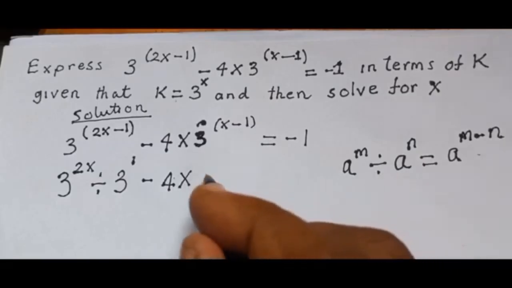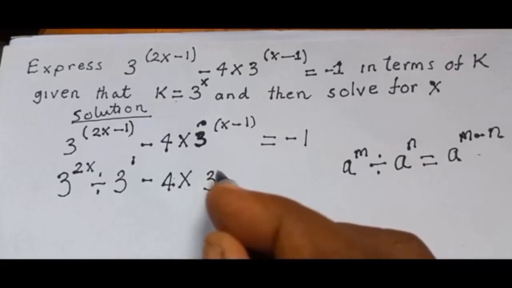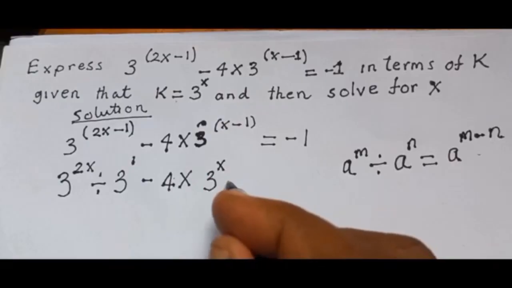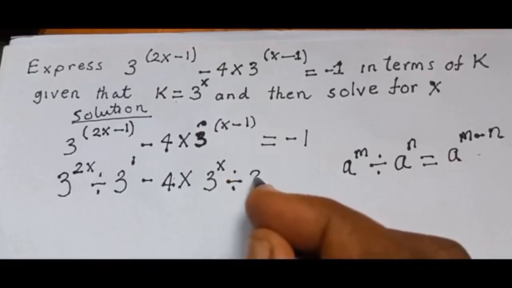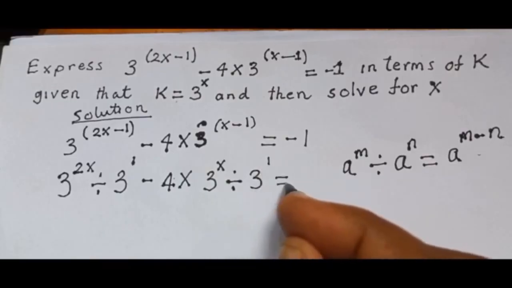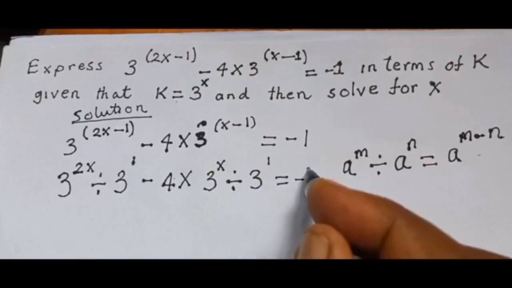So we have 3 raised to x divided by 3 raised to 1 equals negative 1.